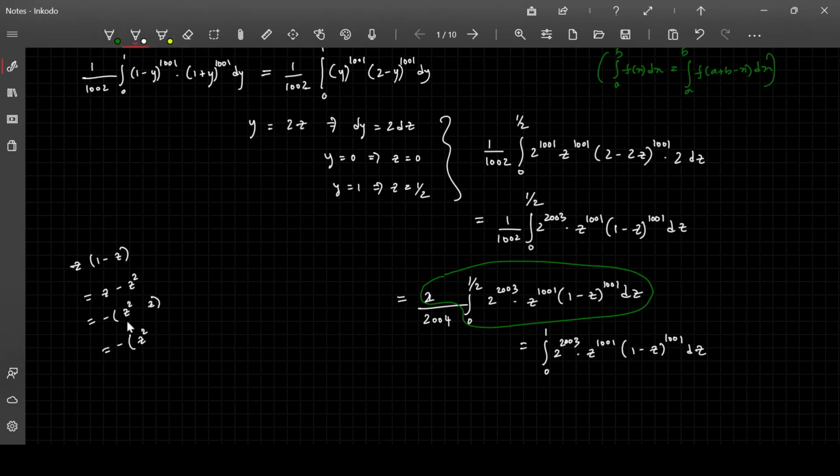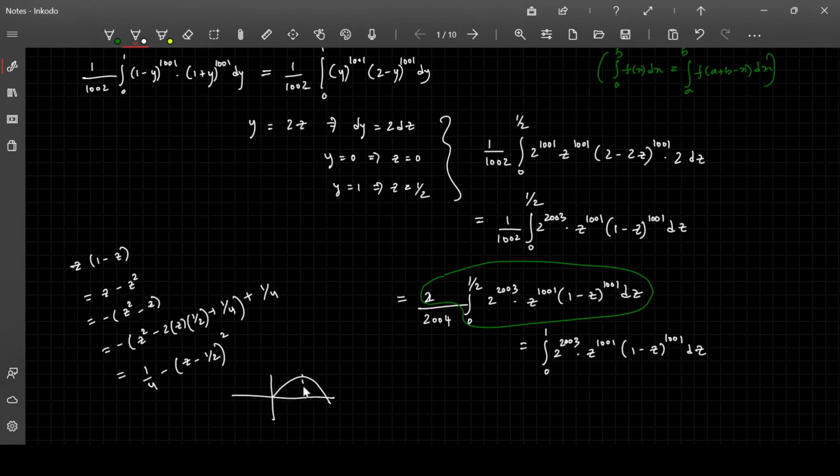So this is minus (z minus half) whole square and plus 1 by 4. If we subtract 1 by 4, we must even add 1 by 4. So it turns out to be 1 by 4 minus (z minus half) whole square. When you analyze this carefully, we can see that the graph of this seems to be in this way.